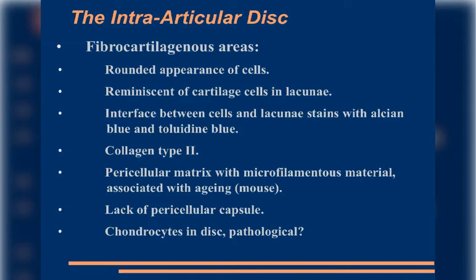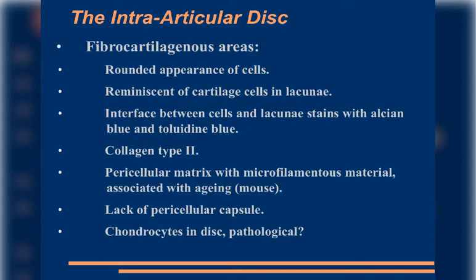Pericellular matrix with microfilamentous material associated with aging in the mouse. So the presence of fibrocartilaginous areas has been proven in laboratory mice to be a sign of aging.